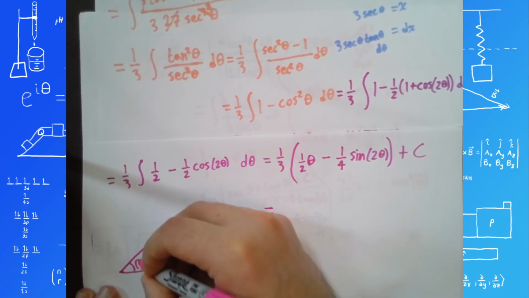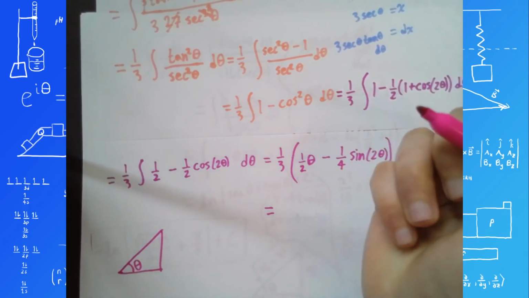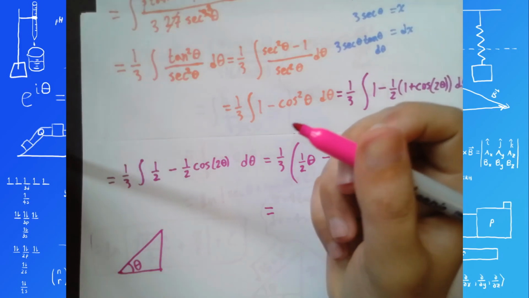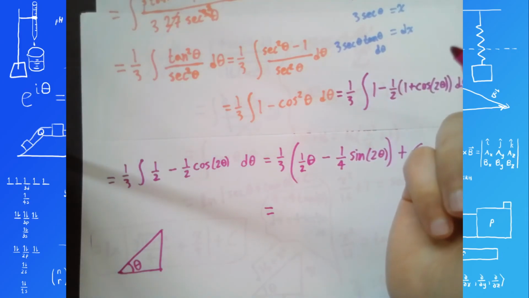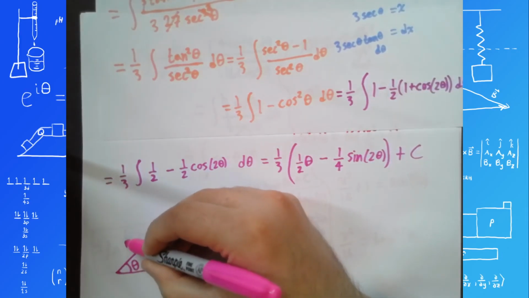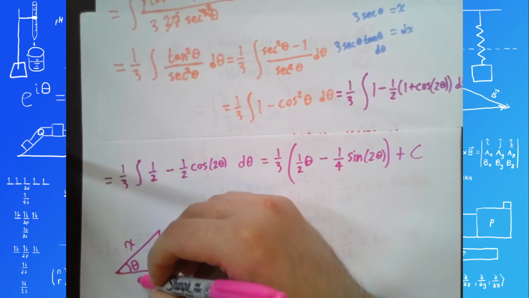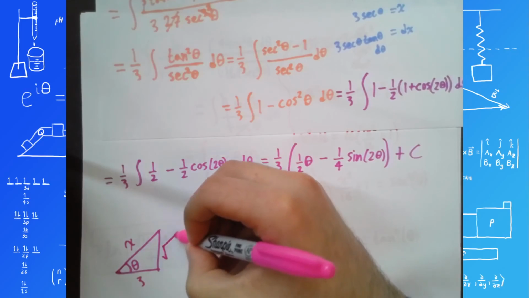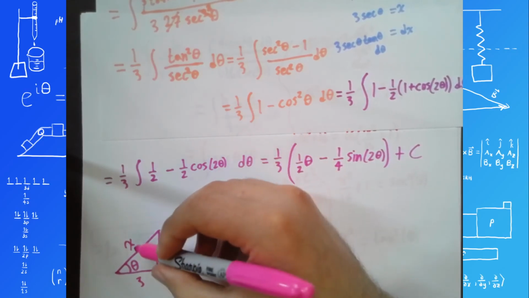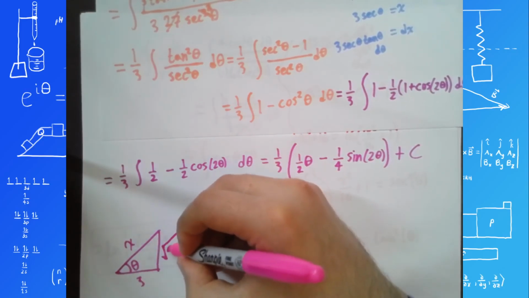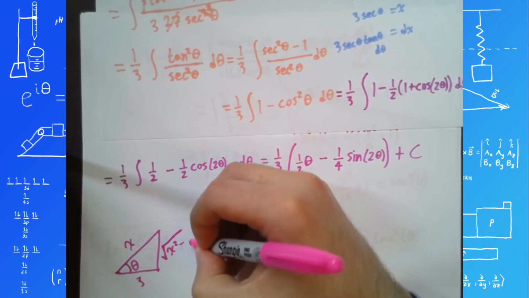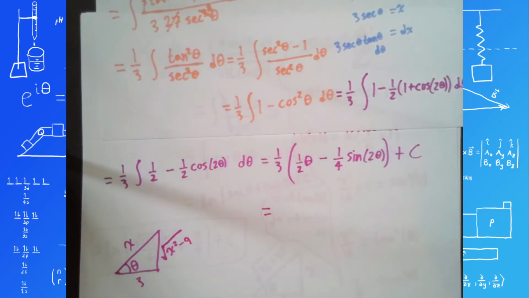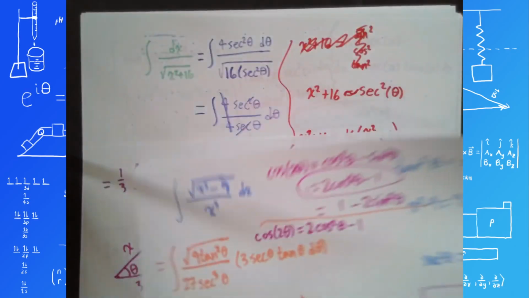I'll let this be theta, and then secant of theta is x over 3. Hypotenuse over adjacent is x over 3. So hypotenuse, I'll make it x, and adjacent, I'll make it 3. And that would mean that this side is equal to the square root of x squared minus 3 squared, x squared minus 9, which, again, should look familiar.